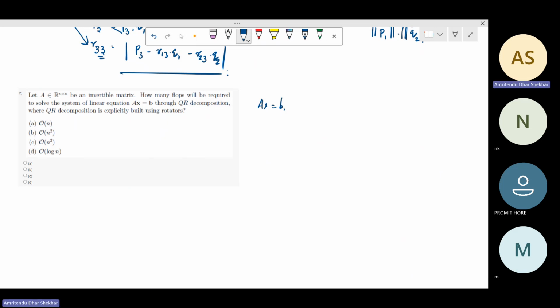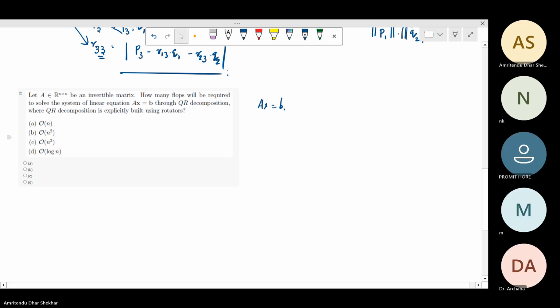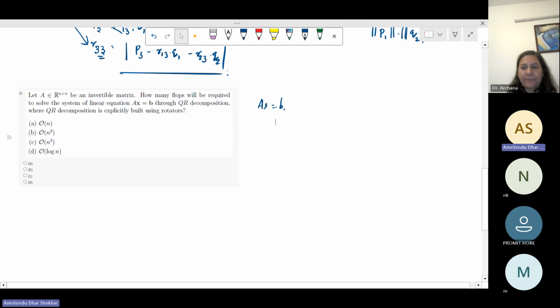So I hope you know what a rotator is. This was discussed in the lecture. I noticed it's there in the lecture material, so I'm not going to define what a rotator is.